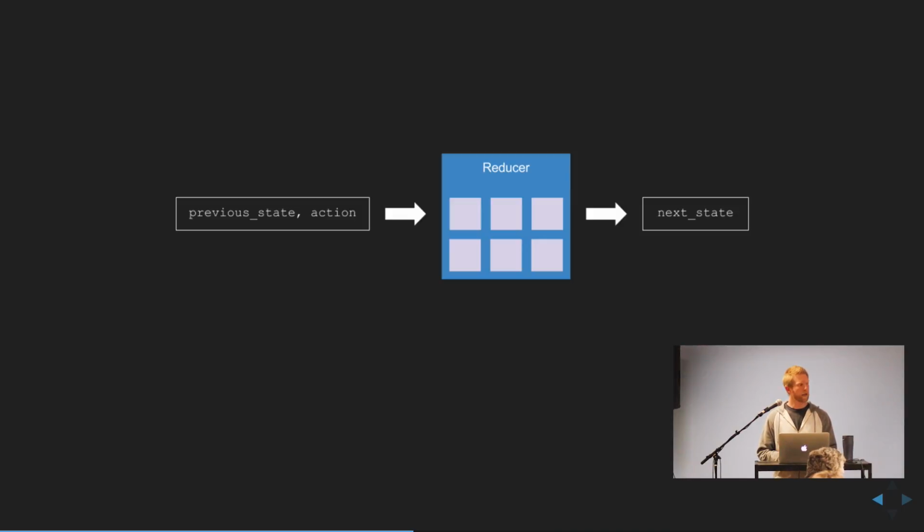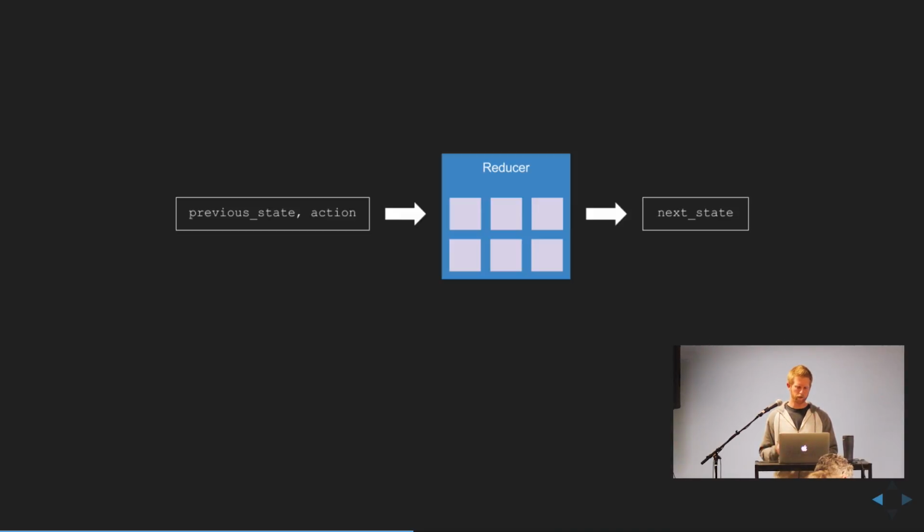It's a function that takes the previous state object as well as an action and then returns the next state. Obviously for a large app, trying to manage everything within a single function should seem obvious that that's not sustainable. So we actually can compose reducers.